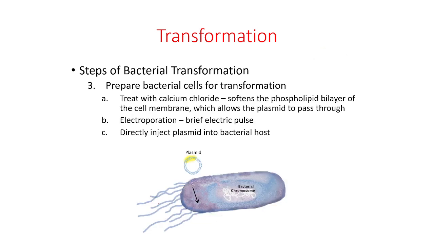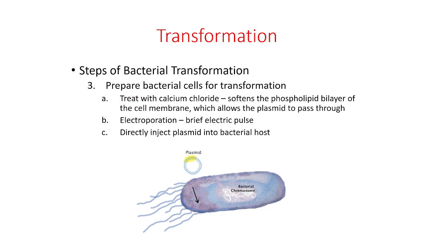Now the third step is preparing your bacterial cells for the transformation. You have to make the cells competent such that they are able to withstand the different changes in heat and temperature, and are also able to take up your plasmid. So what do we do to prepare ourselves?